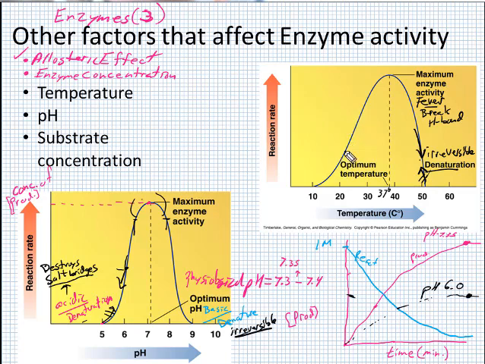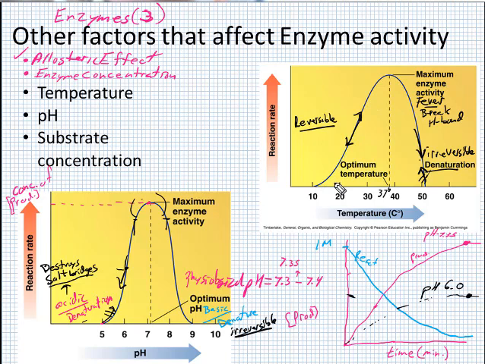This is a little bit different. You notice the curve looks a little bit different. That's not all that important, but the main thing here is that this is reversible. So one thing about any chemical reaction, whether it's enzyme catalyzed or not, is that it works slower at lower temperatures or faster at higher temperatures.